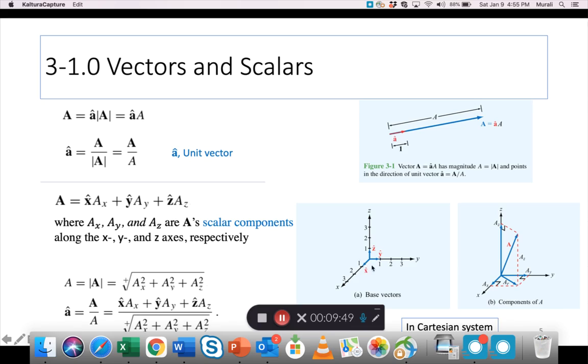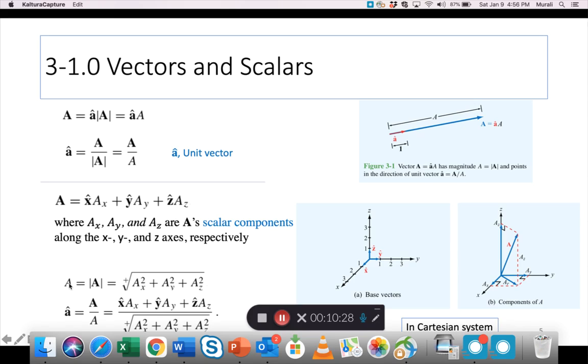Here we show x, y, z with a length of exactly 1, or unity, right? That's why they're called unit vectors. So how do you write a vector? You write it in this form. The unit vectors, which are in bold, x, y, z with a little hat, multiplied by the scalar quantity, which is this length along each axis. Okay, so I hope you can imagine from this three-dimensional figure what Ax, Ay, Az mean.